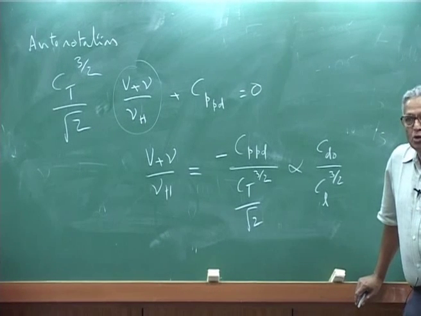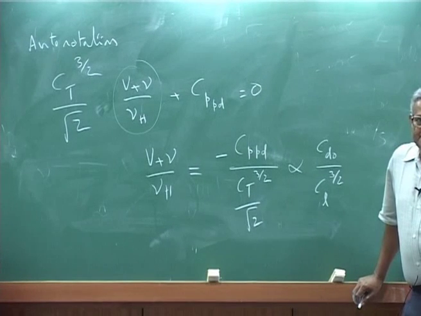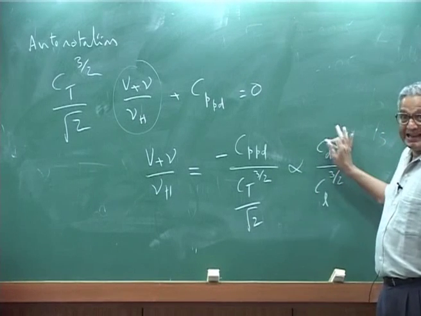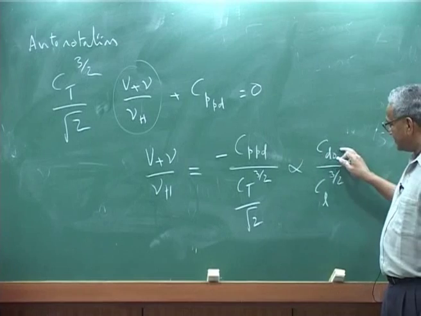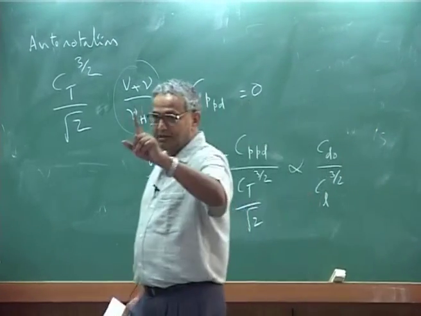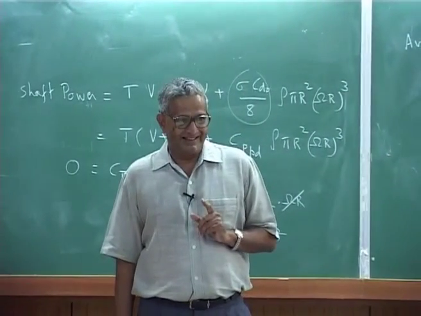If you want to have a low descent velocity, okay, if this term is less, CD naught over CL power 3 by 2, this also relates to your airfoil characteristic, okay.